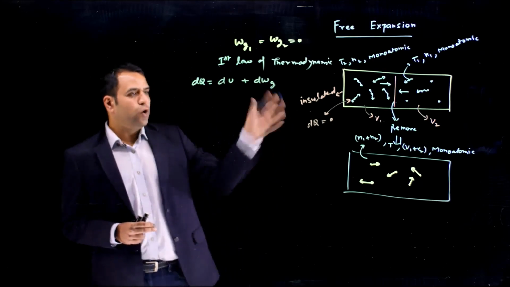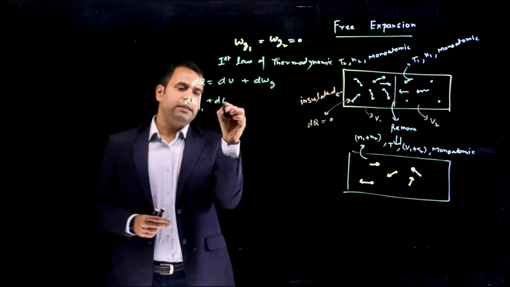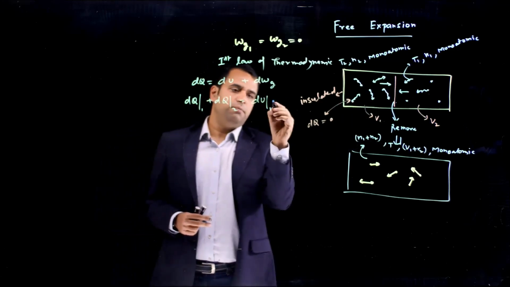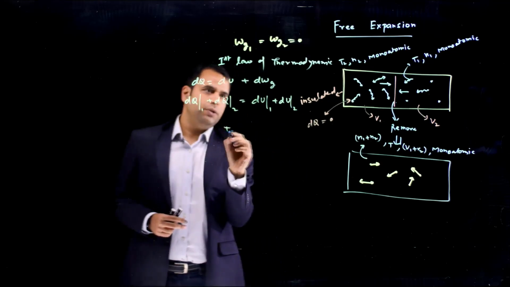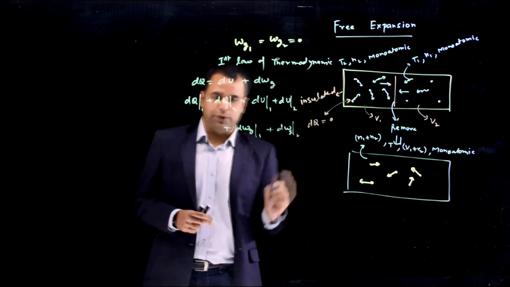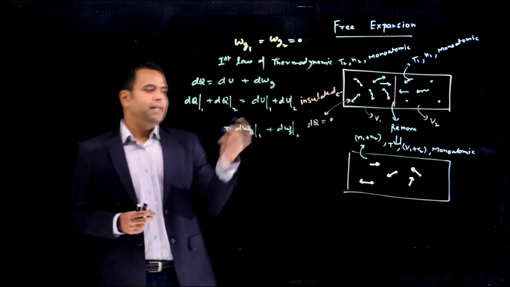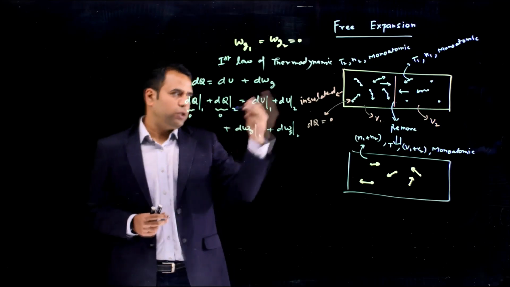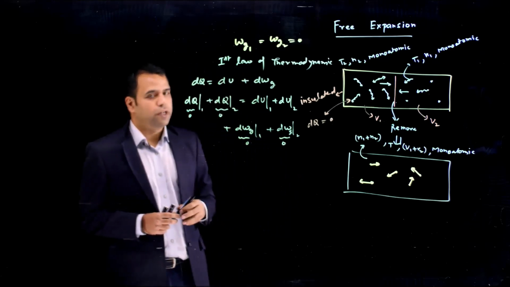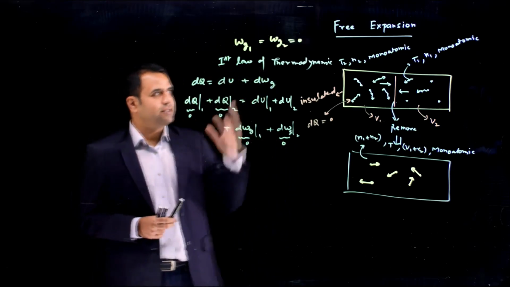Since I'm applying it for the whole chamber, I have to write it for both: dQ for 1 plus dQ for 2 is equal to dU for gas 1 plus dU for gas 2 plus dWg for gas 1 plus dWg for gas 2. So I applied the first law for both gases. dQ is 0 because both chambers are insulated. Similarly, the work is also 0 because the volume change is happening not because of movement of a piston but because of removing the partition. This is free expansion.